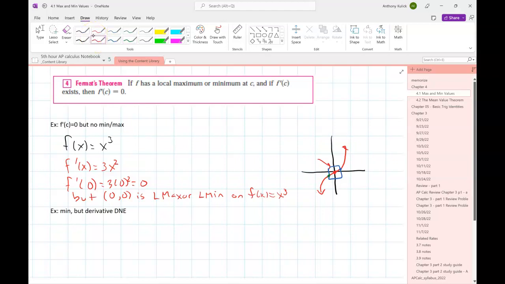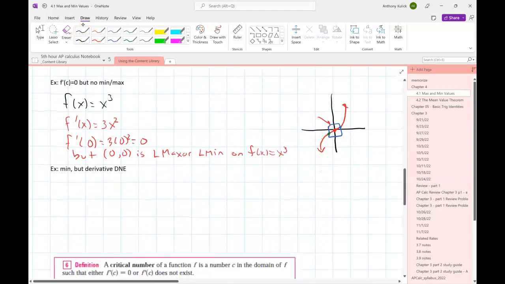So just because the derivative is equal to 0 someplace doesn't guarantee that it's a maximum or minimum. However, if you have a maximum or minimum, the derivative there is either going to not exist or be equal to 0.